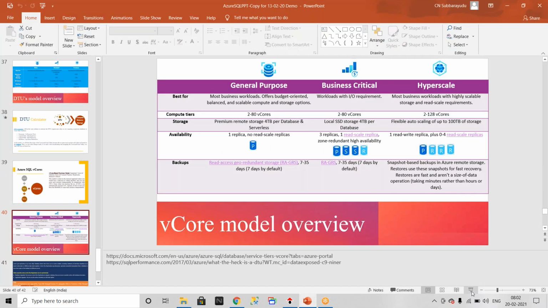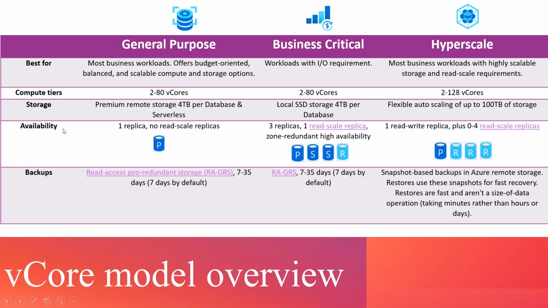When you go for availability, in general purpose there is only one replica, the primary replica, and no secondary replicas.